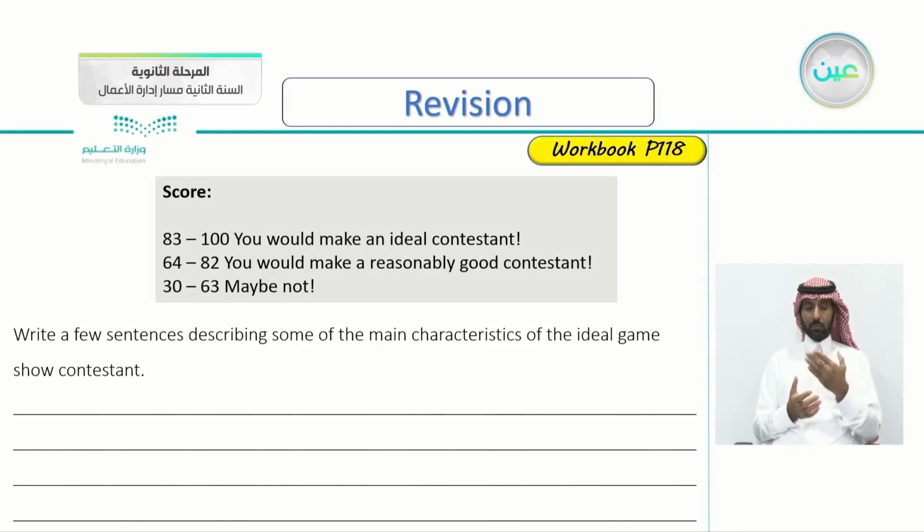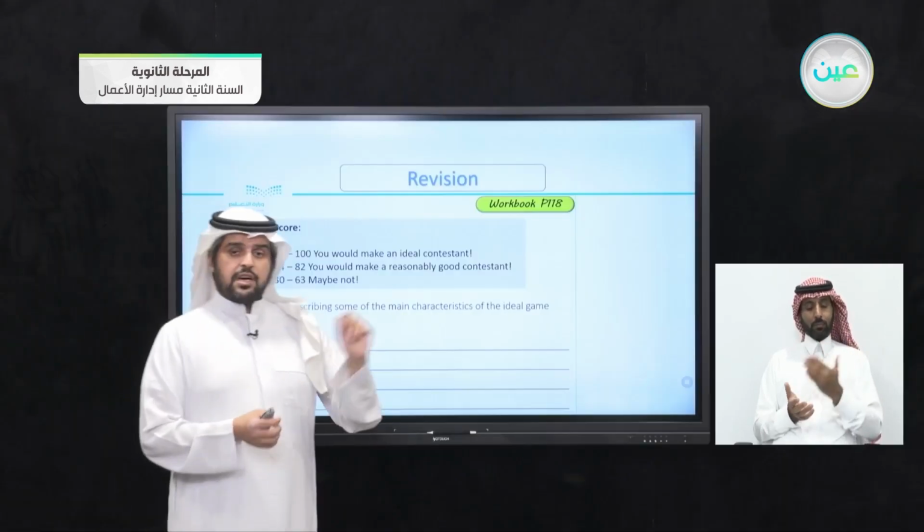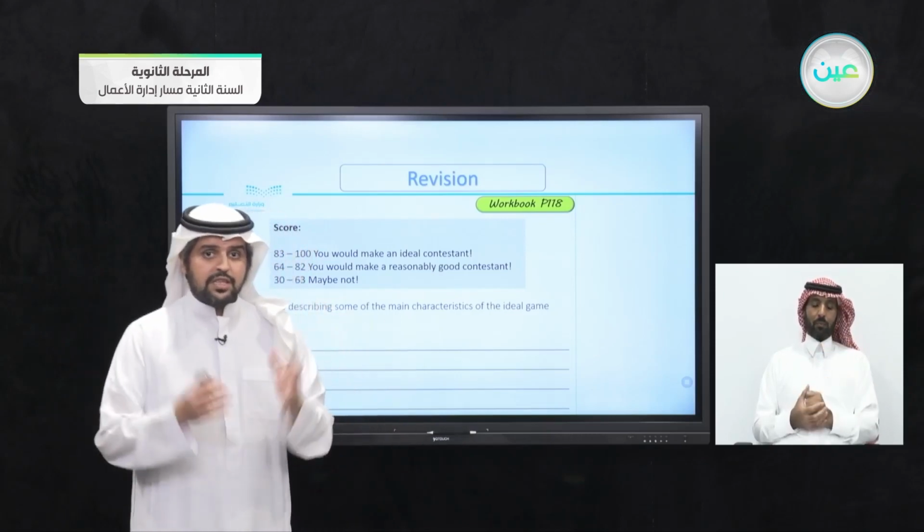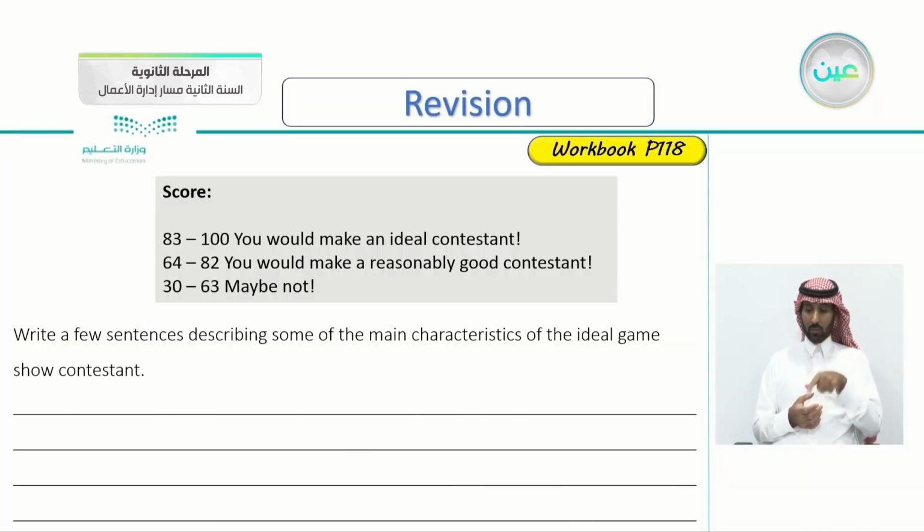If it's from 30 to 63, maybe not. So fill the chart yourself, calculate your score, and check what kind of a contestant you are. Are you an ideal contestant? Are you a reasonably good contestant? Or just leave it, maybe not.